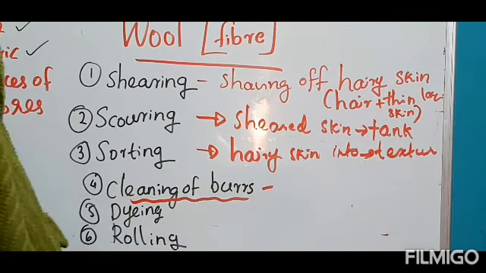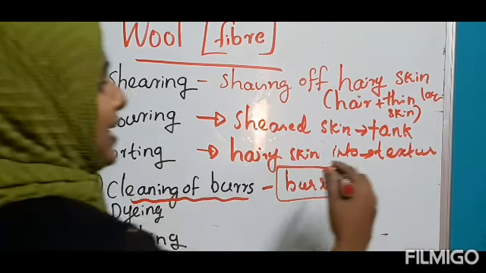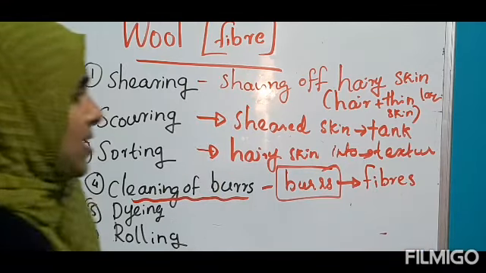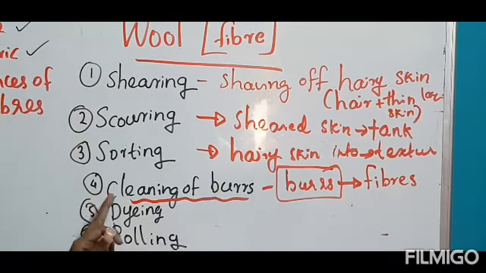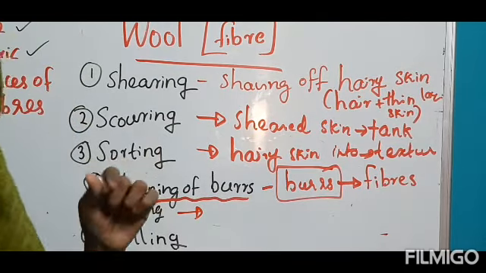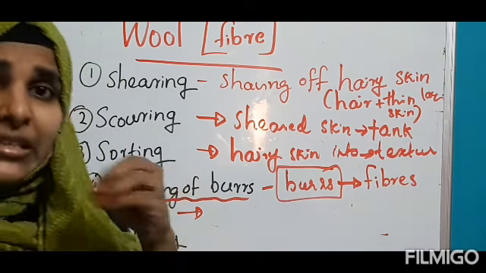Then cleaning of burrs. From that we clean the burrs, and after that we will get fibers. Cleaned fibers we will get from the 4th process. Then after that, we use dye.